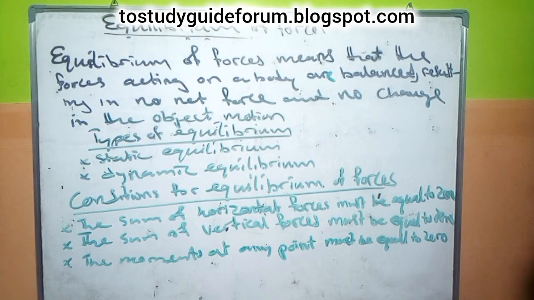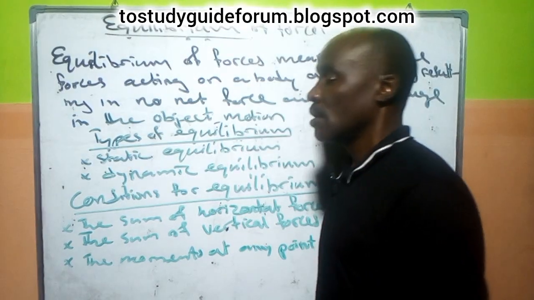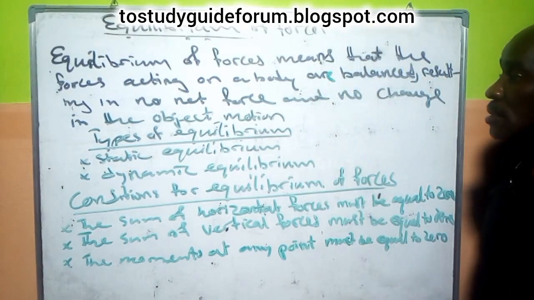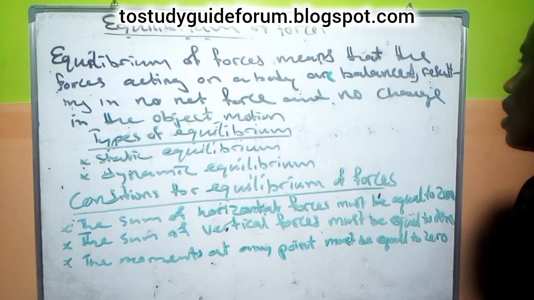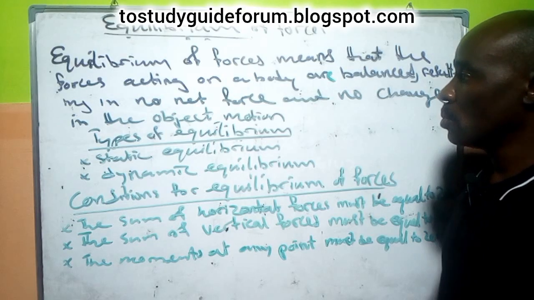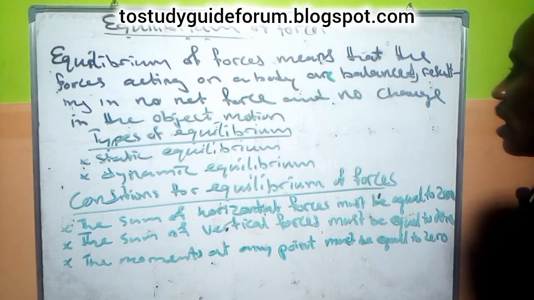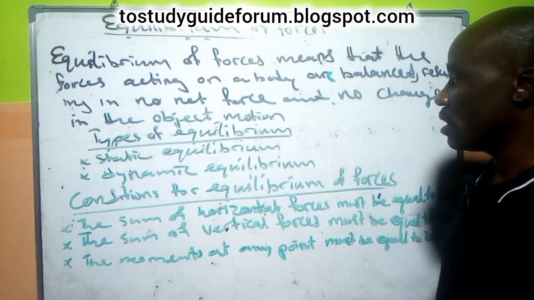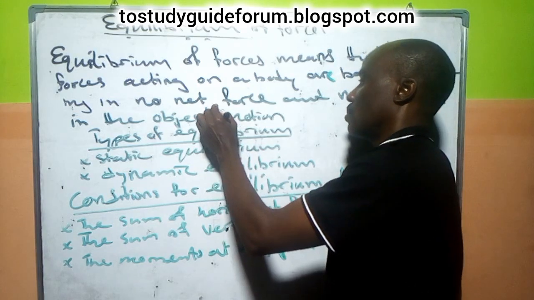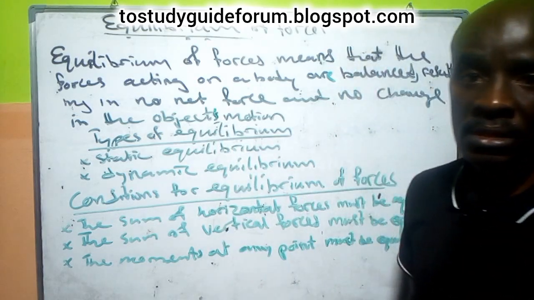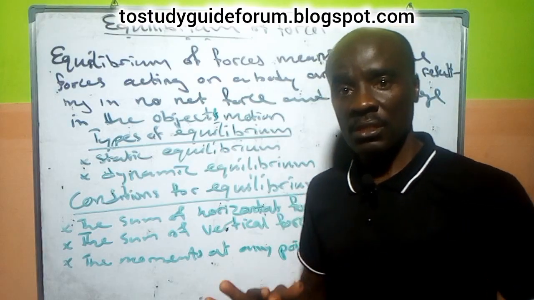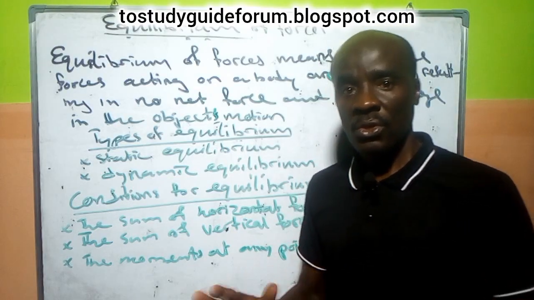So equilibrium of forces simply means that the forces acting on a body are balanced, resulting in no net effect and no change in the object's motion. The object's motion is steady. There is no change in it.